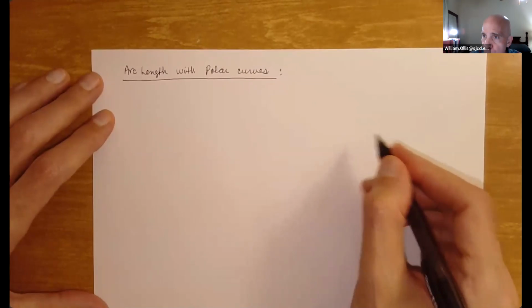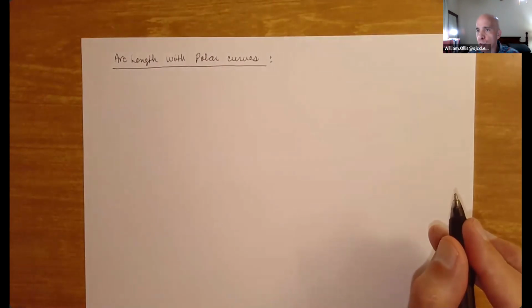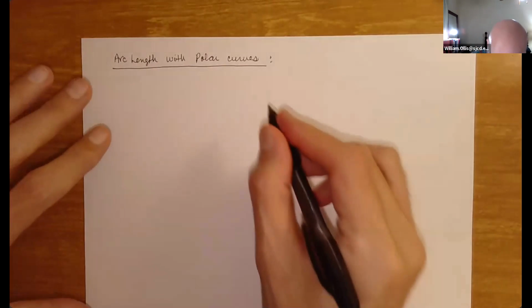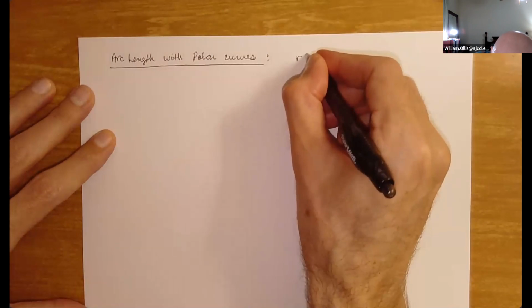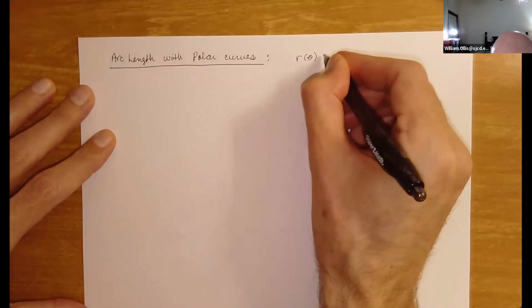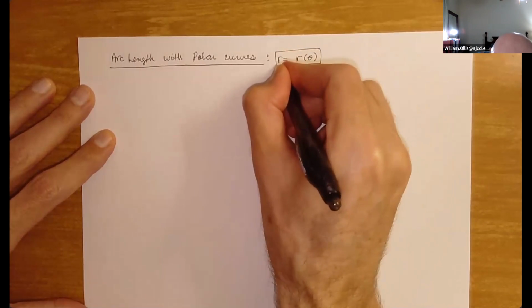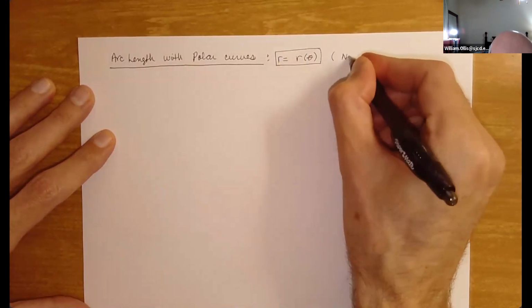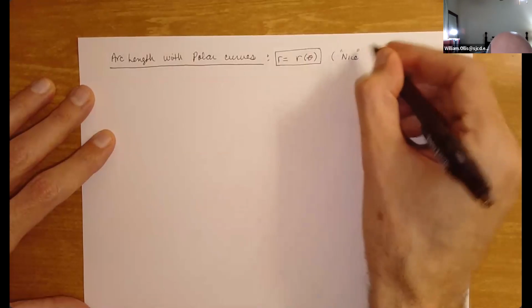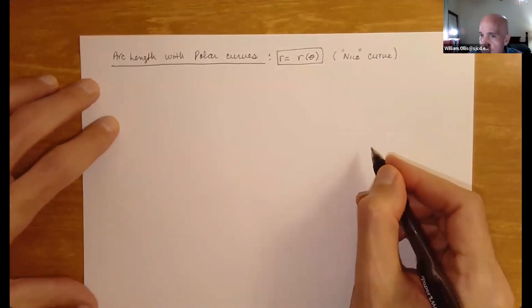We've got the parameterization. We do the square root of x prime squared plus y prime squared. So for polar, remember, we have r is r of theta. And again, this is a nice curve. It has to be C1.